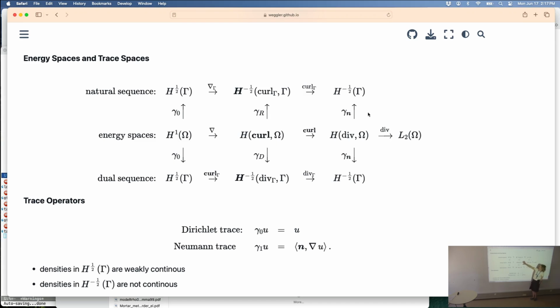They are natural trace spaces, and the natural ones are the ones here. You just get their incarnations in the FEM code, the finite element spaces, by instantiating the FEM space and then going on the boundary.